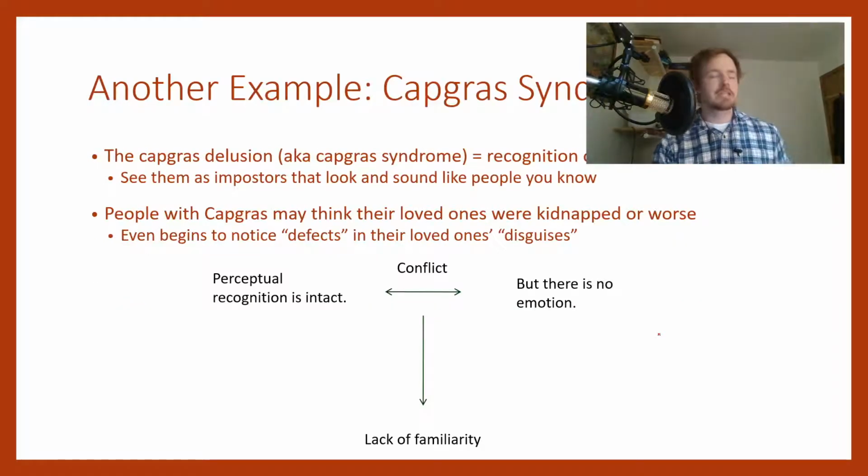So another example of looking at a rare neuropsychological condition and then trying to figure out what's going on in that part of the brain by using neuroimaging. The book talks about this in more detail, but it's called the Capgras delusion.